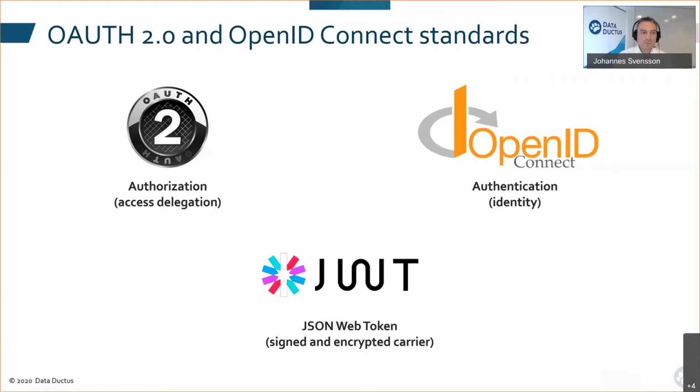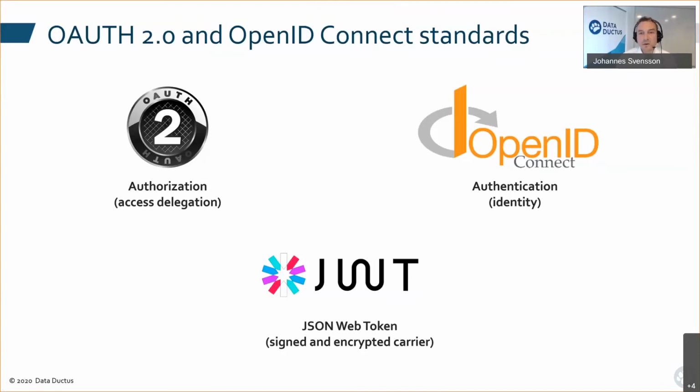So the go-to standard for authorization is OAuth 2, and it contains a set of different standard flows that support different use cases. And I will go a little bit deeper into one of the flows later on. On top of that, we have OpenID Connect, which is about how to identify who is trying to access data.